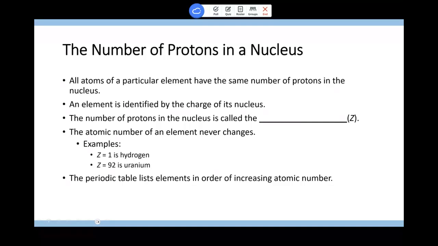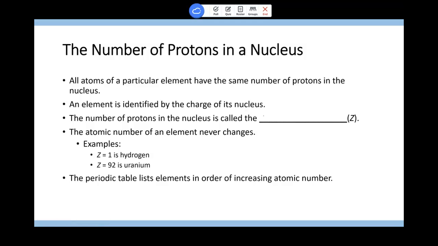The second bullet point says an element is identified by the charge of its nucleus. The charge of a nucleus is only made up of protons. So if you have a certain number of protons, that positive charge times the number of protons is the charge of the nucleus. So really what we're saying is the number of protons is how you identify an atom.